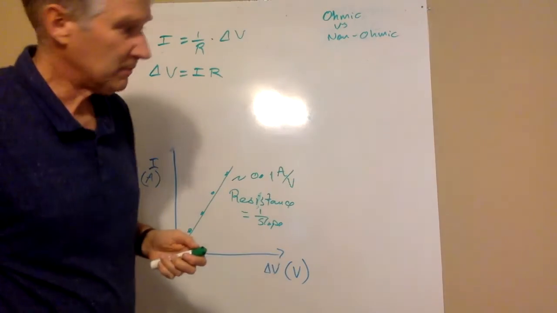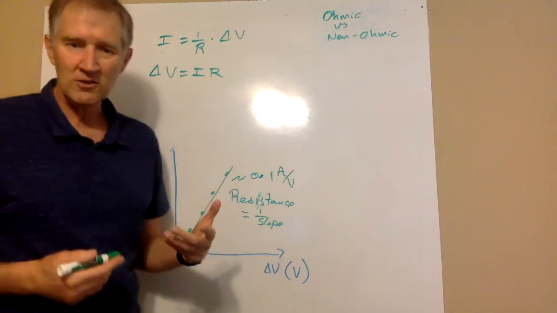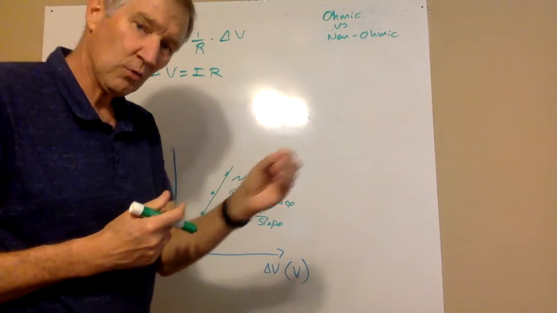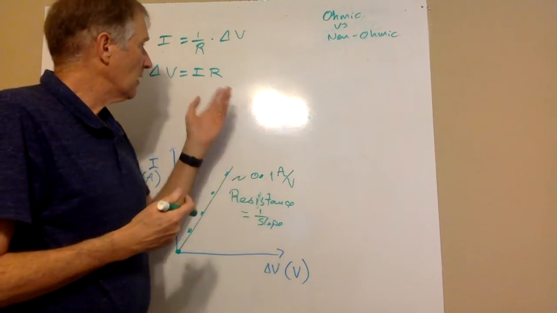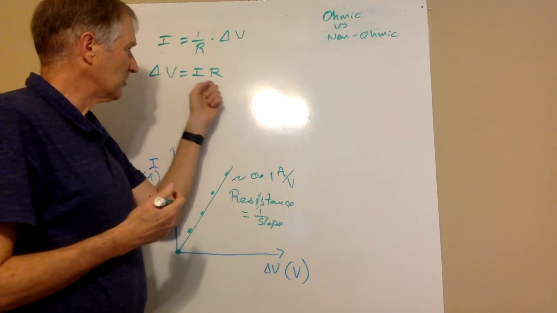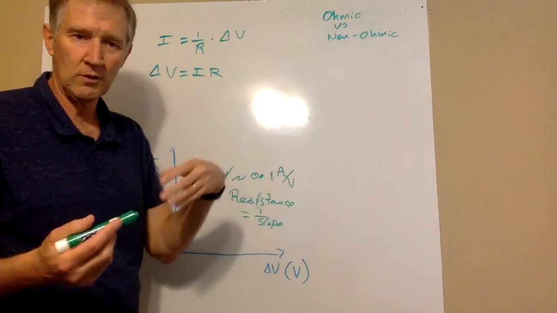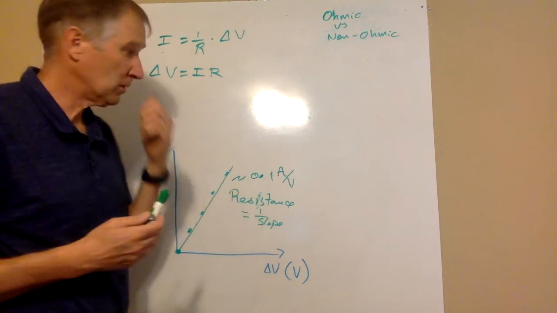You know that as current increases, the resistor and the wires are going to get hotter. And you also know from chapter 17 that when something gets hotter, its resistance goes up. There's that direct relationship between resistance and temperature.